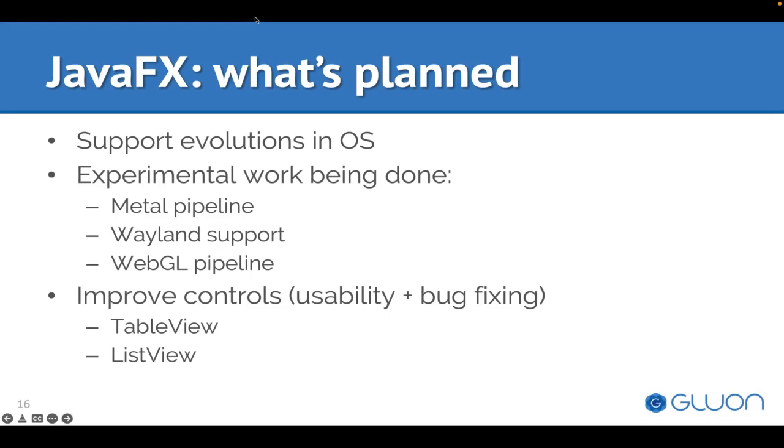And we consider that extremely important because this is what guarantees backward compatibility and stability. We want our APIs to keep working even if the underlying operating systems are evolving. So we want to shield Java developers from changes in the low-level operating system. That is something that we take very seriously, and I think it is one of the key advantages of Java and JavaFX. We provide developers stability. But it requires work.